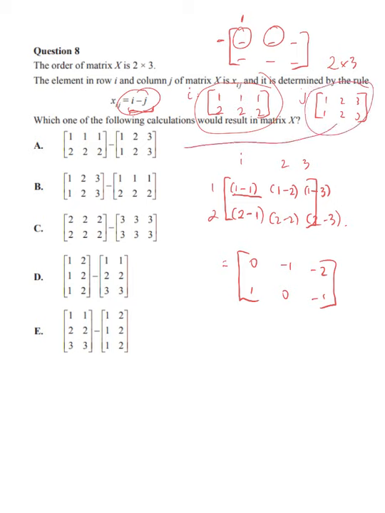And if we have a look at this one here, that is what it is giving me. And if I check this, 1 minus 1 is 0, 1 minus 2 is negative 1, 1 minus 3, negative 2, so on and so forth. All right, so that is how you do those ones.